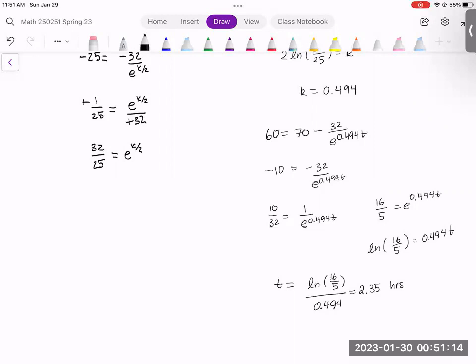Okay. Alrighty. Next, we're going to look at a more detailed version of this model.